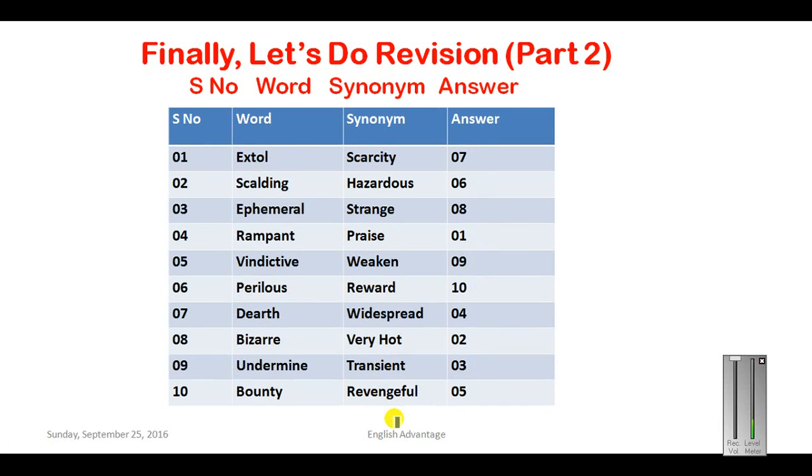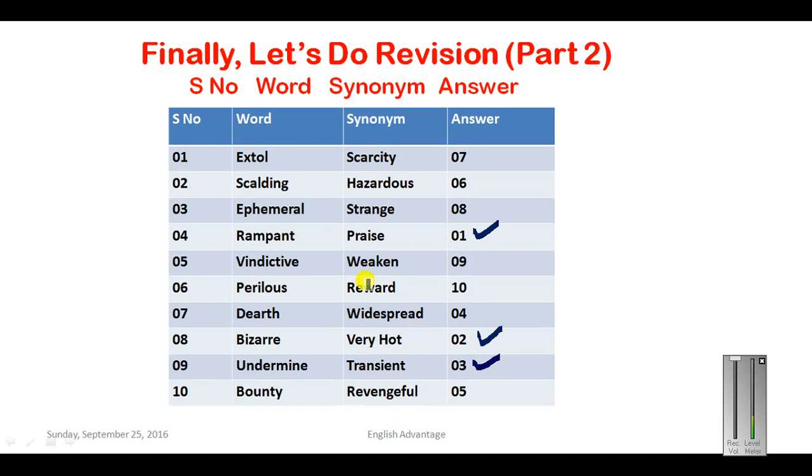Now this is part 1. Let us move on to part 2 of this revision. Extol means to praise. Scalding means very hot. If something is ephemeral, it is temporary, transient, not permanent.